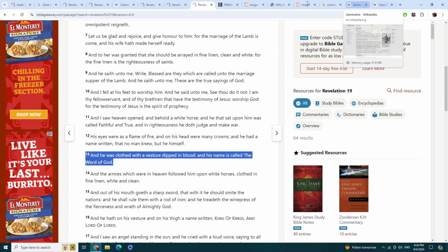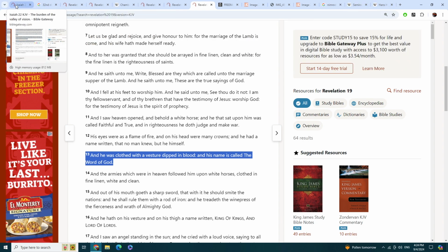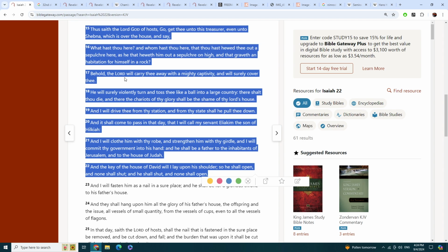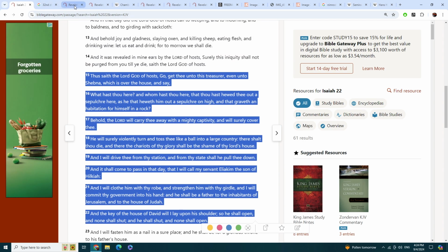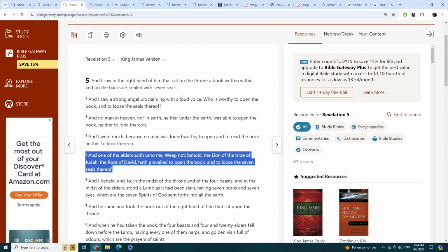So, let's go to the strong grip of the lion's paw. He wept, John, weep not. The Lion of the tribe of Judah has prevailed to open the book and loosen the seven seals. So you need a key. That's the key.